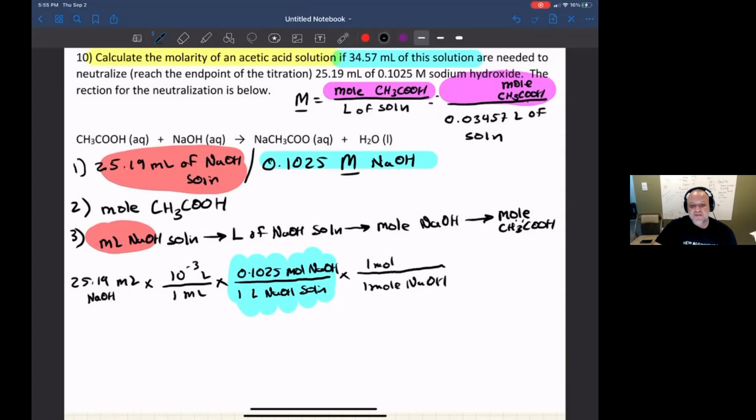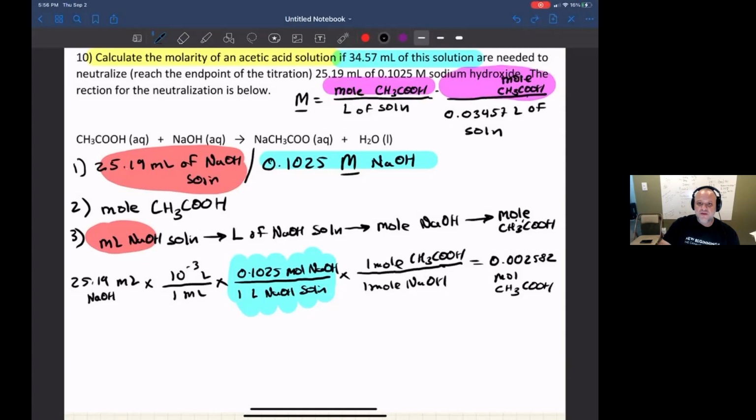This is the step that makes that shortcut work. In this case, the stoichiometry between the acid and the base is 1-to-1. Anytime it's not 1-to-1, that dilution isn't going to work. Okay, what do we get? We get 0.02582 moles of acetic acid.